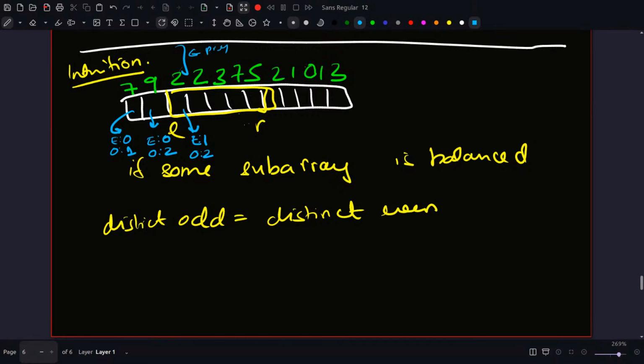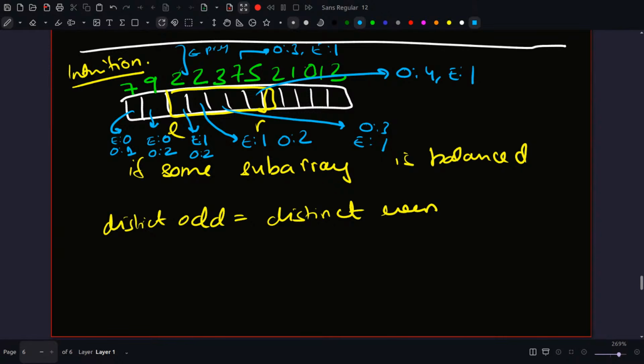Then even remains 1 and odd remains 2. Here, distinct odd becomes 3 and even remains 1. Here odd still remains 3 and even remains 1. And then here distinct odd becomes 4 and even is 1. So this is the prefix distinct count which we are computing.